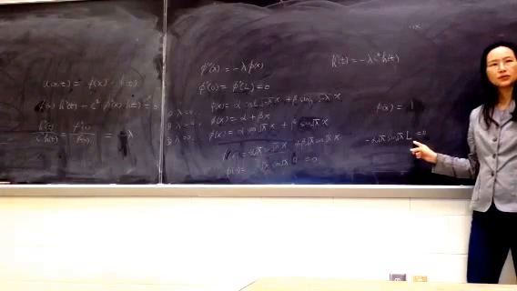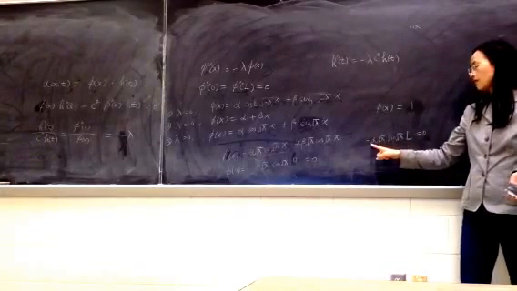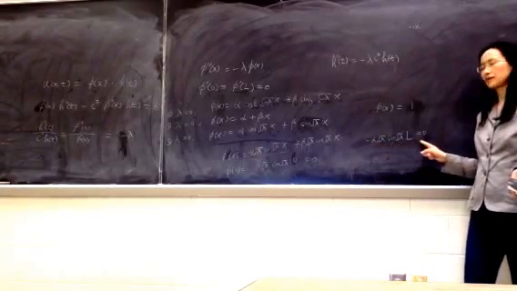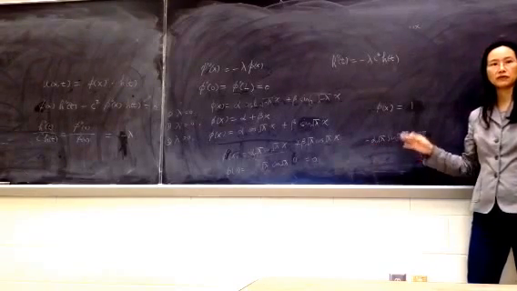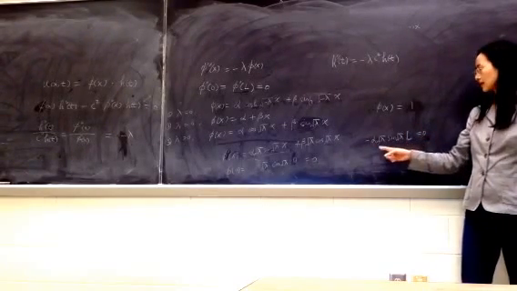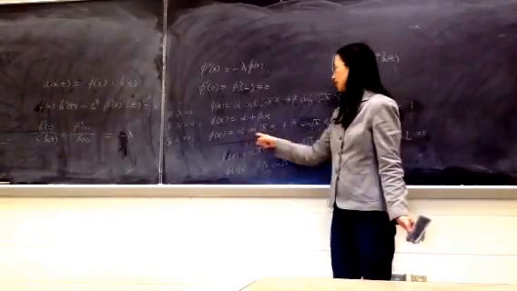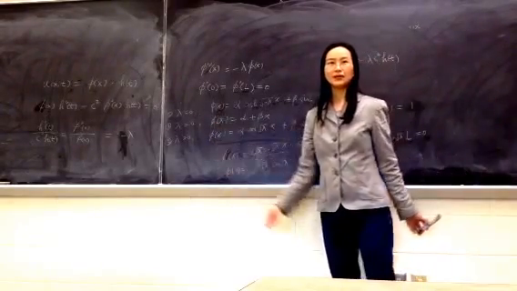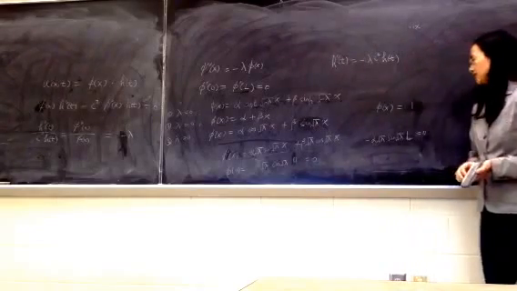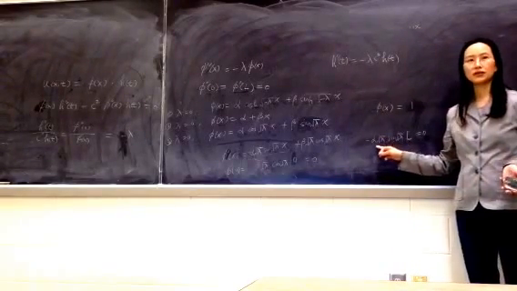So notice, can alpha be 0? Because the product is 0, one of the factors has to be 0, right? Can alpha be 0? Beta is already 0. If alpha is also 0, phi is identically 0. It's a trivial solution, so no. So we don't want to make alpha 0.